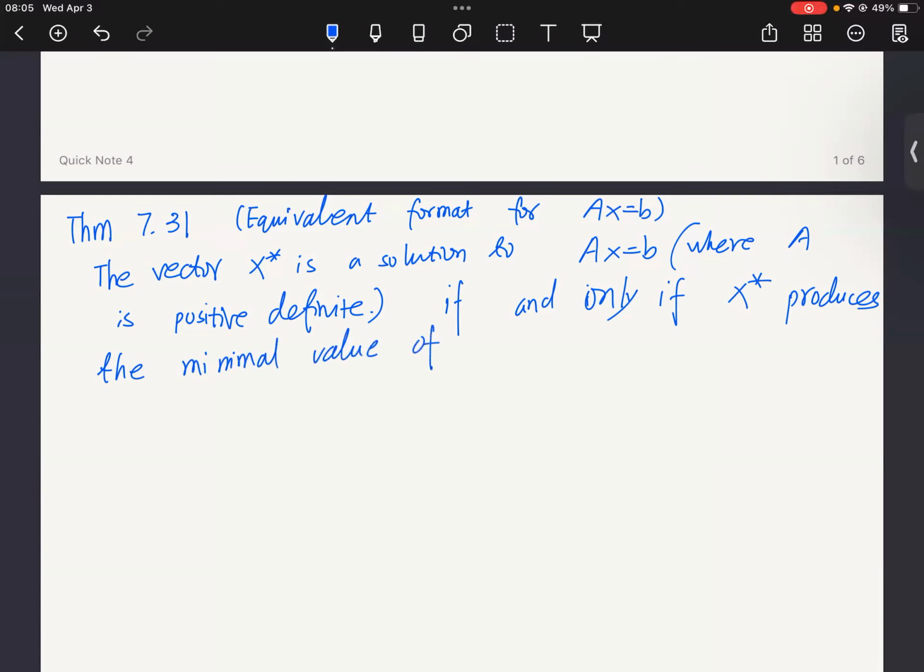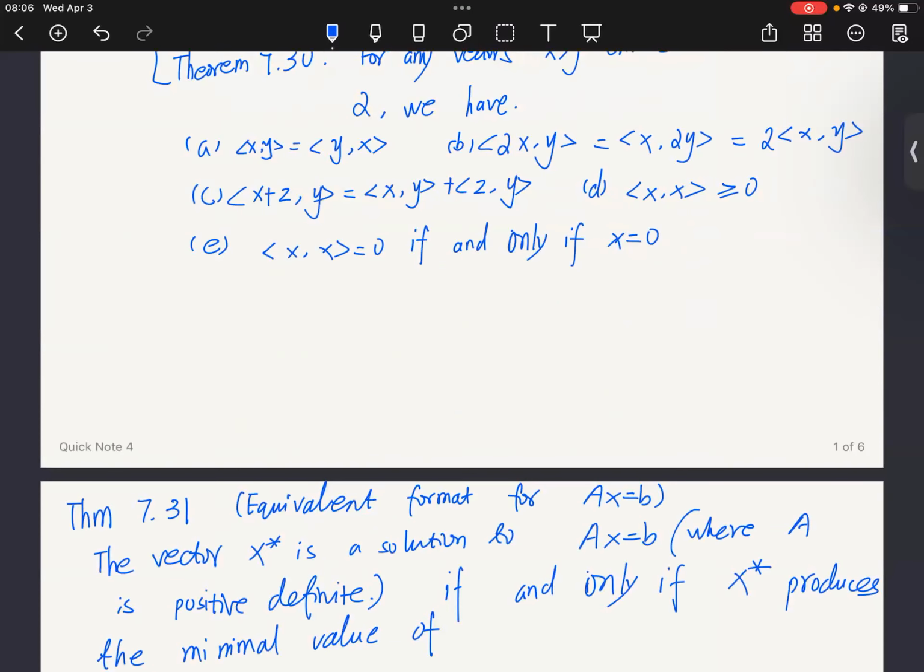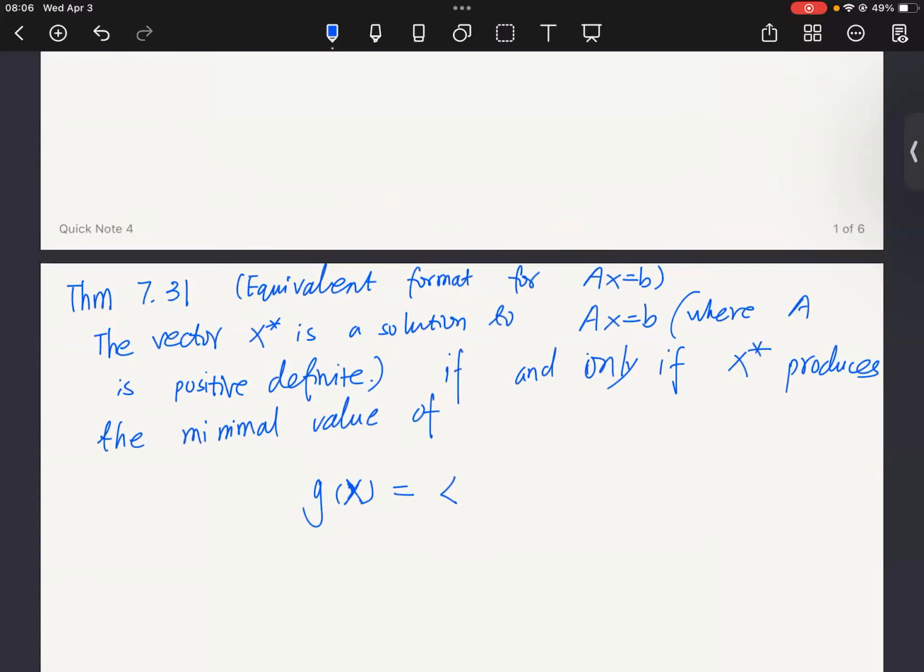of the following function, and the function is defined in this way: g(x) equals the, so this bracket here means the inner product, which we defined in the last class. We use the curly bracket to indicate this is the inner product. So now this function g(x) is defined with the inner product.